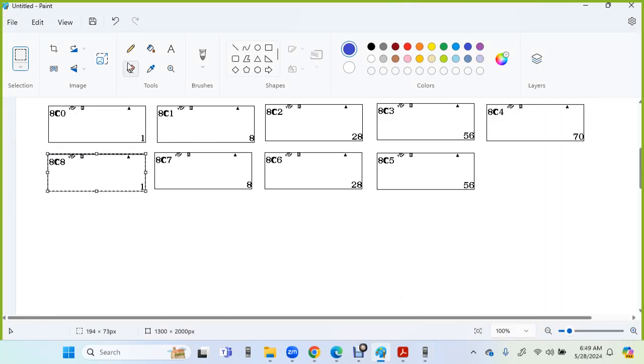So you can see that these two are the same.